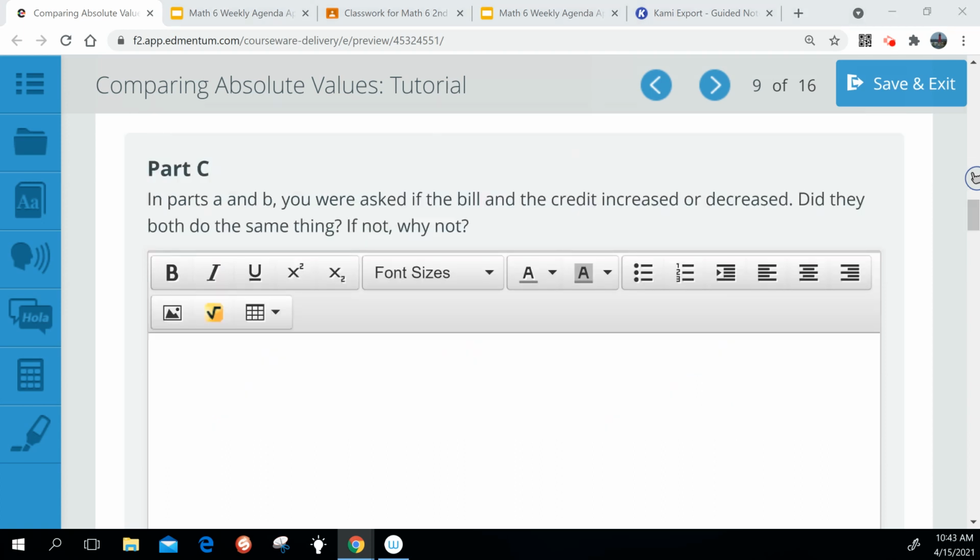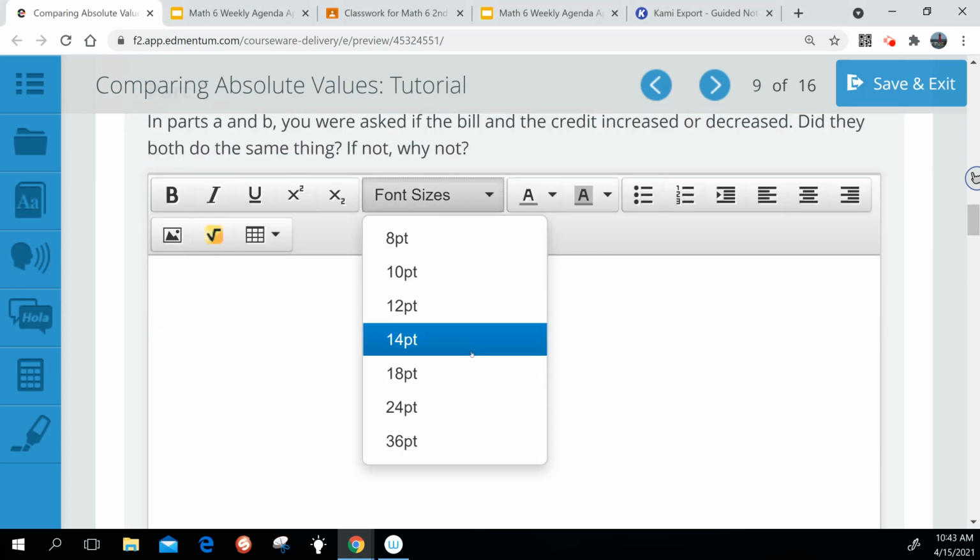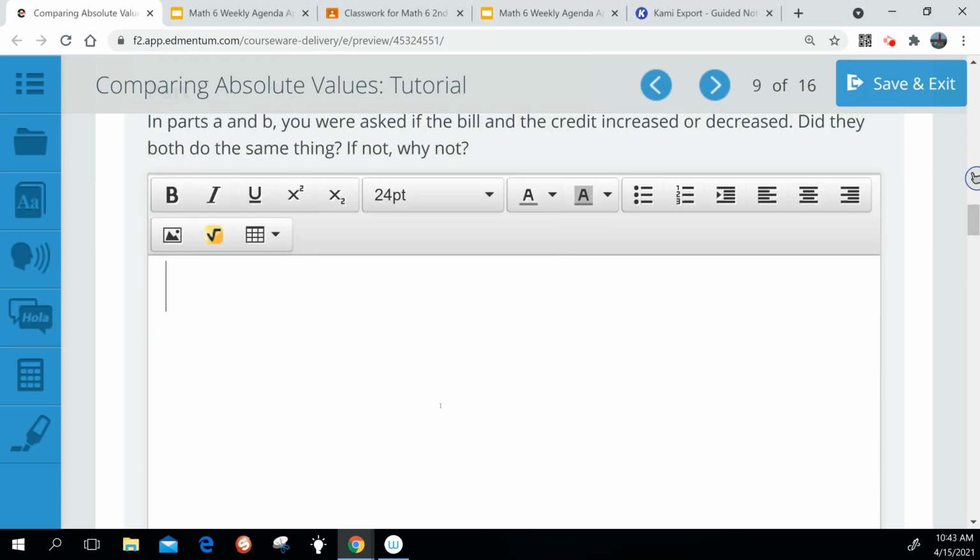Let's say that again. In parts A and B, we're asked if the bill and the credit increased or decreased. Did they both do the same thing? Aaron? No. The balance decreased while the credit increased. And why do you think that happened? Because the balance is how much money she has, while the credit is how much they owe her. Okay, good. So they did not do the same thing.